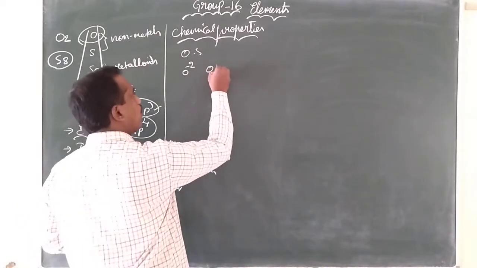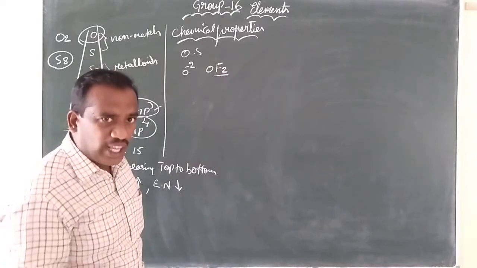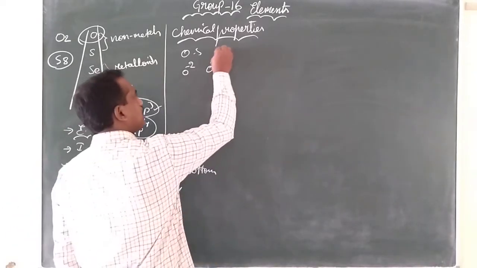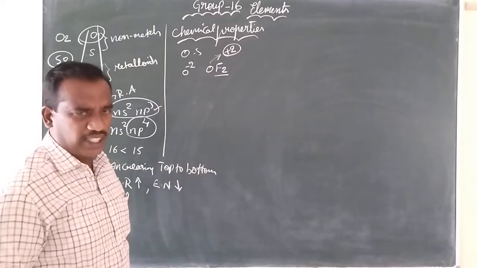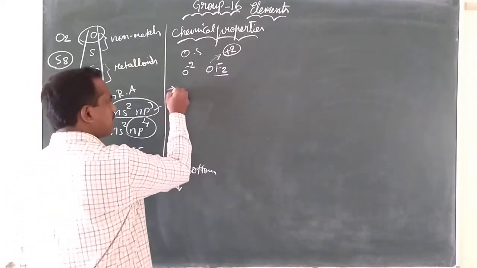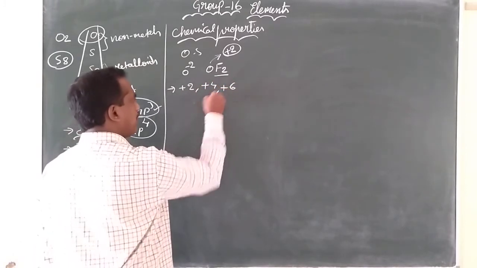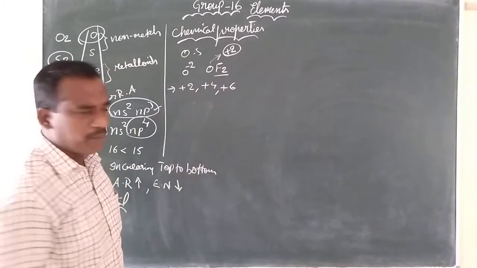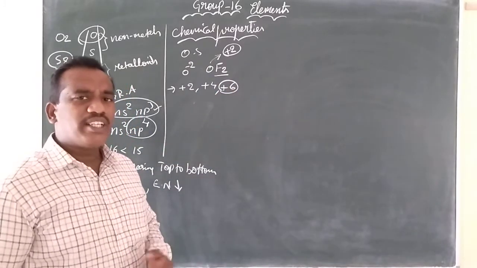But in the case of OF2, fluorine is more electronegative than oxygen. Hence, this oxygen will show a +2 oxidation state. And the remaining oxidation states of these elements are +2, +4 and +6. Down the group generally, +6 stability decreases.